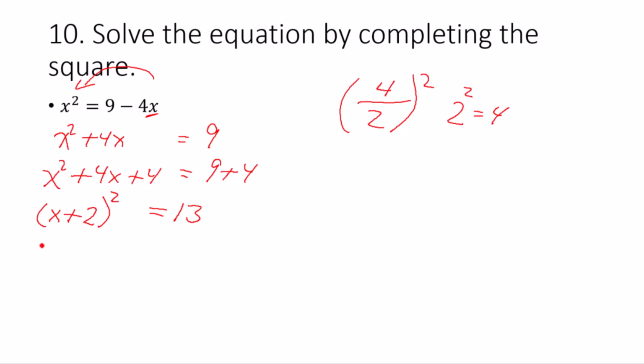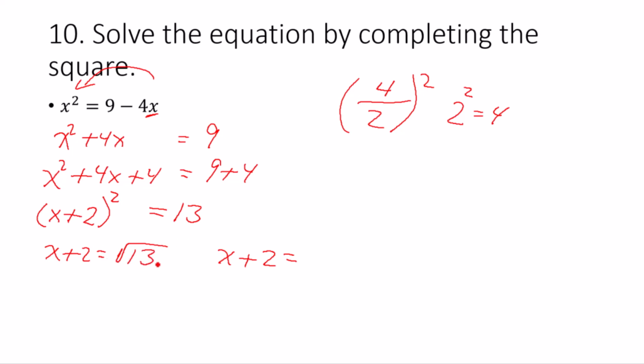Now we'll take the square root using the square root property, x plus 2, and we'll write it twice so we don't forget. So that's the square root of the left, square root of the right. Well, we're stuck with a radical. Too bad.